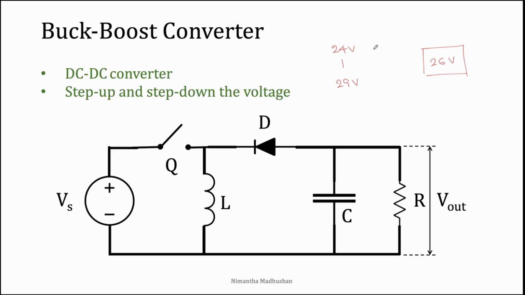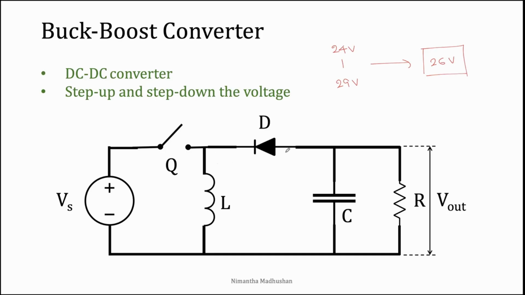Then we need the boost operation. And if the supply voltage is 29, we need the buck operation to get the 26 volt for the application. Then this kind of converter is used for that kind of application to step up and step down the voltage.